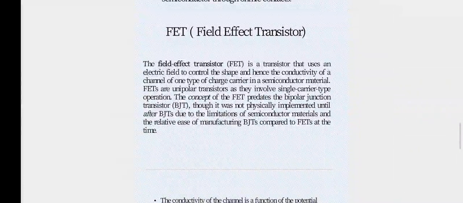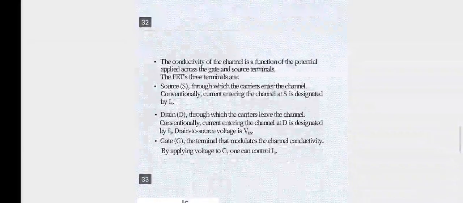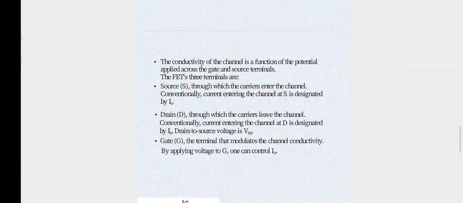The concept of FET predates the bipolar junction transistor, though it was not physically implemented until after BJT due to limitations of semiconductor materials and the relative ease of manufacture of BJT compared to FET at the time. The conductivity of the channel is a function of the potential applied across the gate and source terminals.